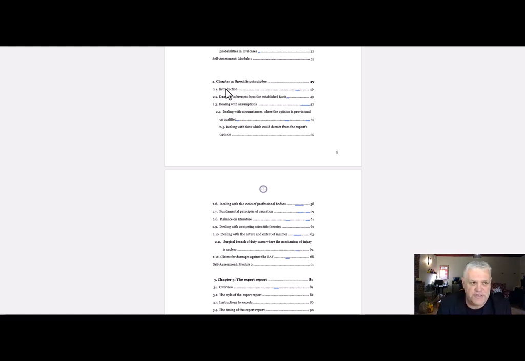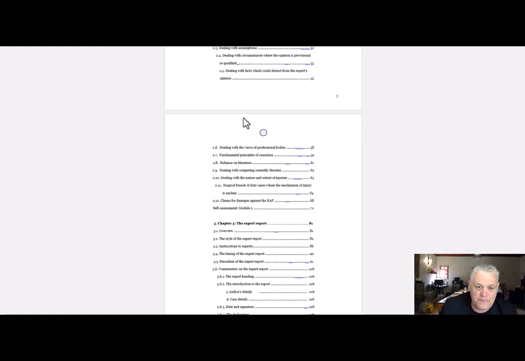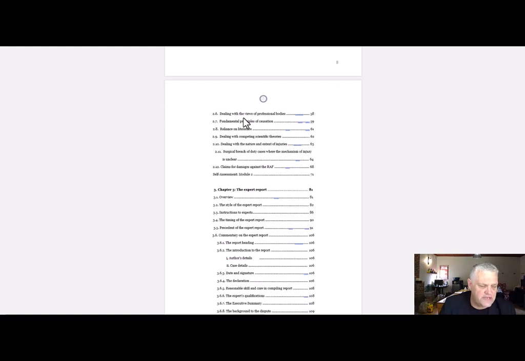What are assumptions exactly? What's the difference between an assumption and a speculation? And there are 2 types of assumptions. And it's very helpful to know what those 2 types of assumptions are, and then you get a handle on how to work with those assumptions, and you can build your skills. There are things such as dealing with the views of professional bodies. How should the views of professional bodies be dealt with?